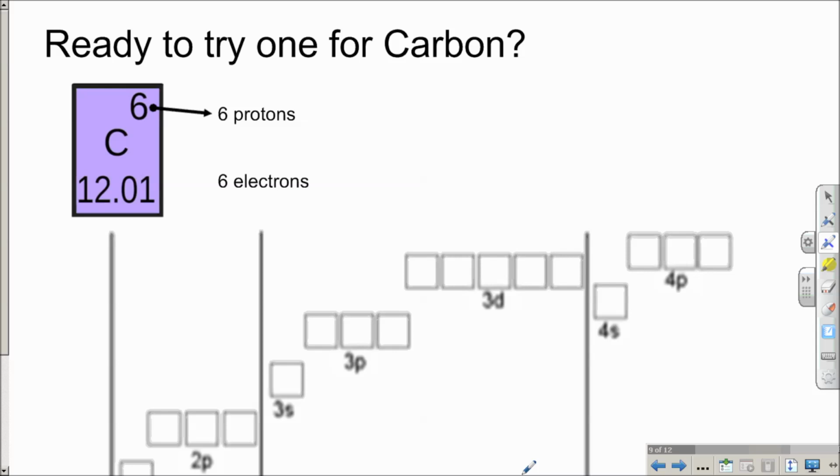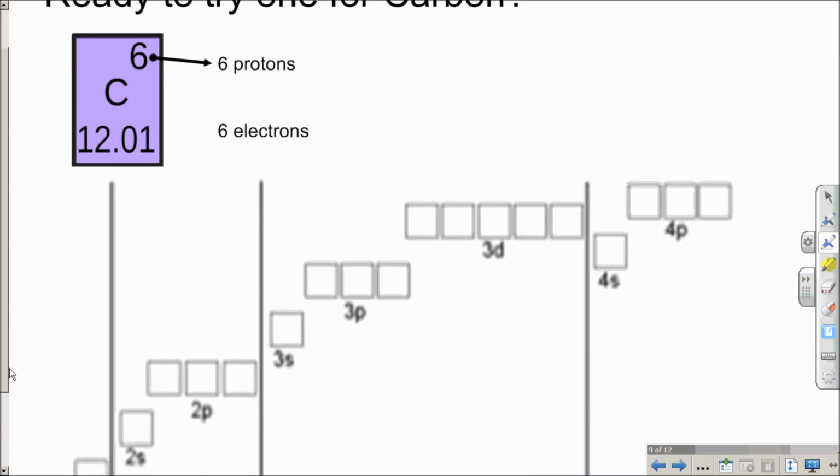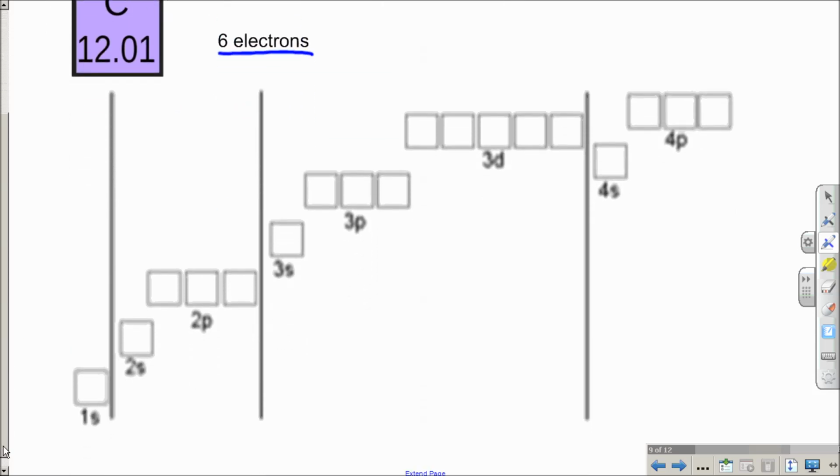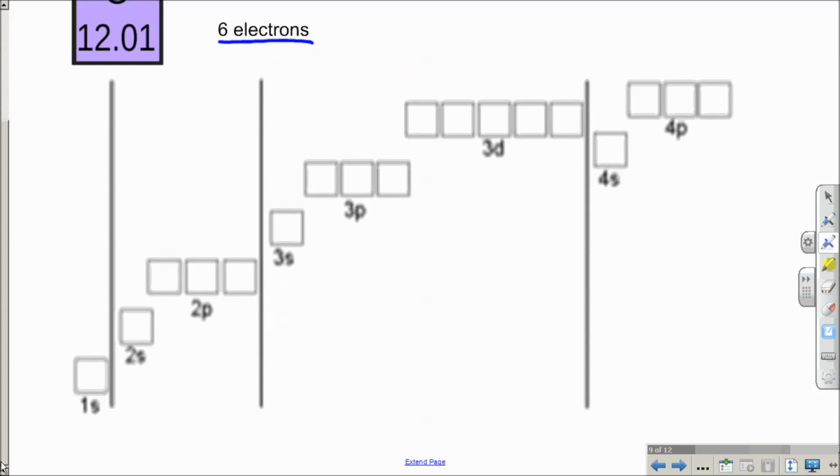All right, so let's go ahead and try writing an arrow orbital diagram for carbon. You can see that from carbon's symbol on the periodic table, its atomic number is 6, meaning it has 6 protons. And because for these we assume we have a neutral atom, that means we also have 6 electrons. So we are going to represent those 6 electrons with arrows. Following the 3 rules, we'll start off in our lowest energy orbital, our first orbital, 1s, and I will put 2 arrows into that orbital.